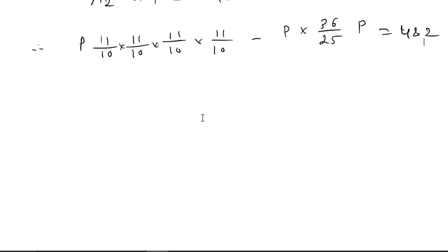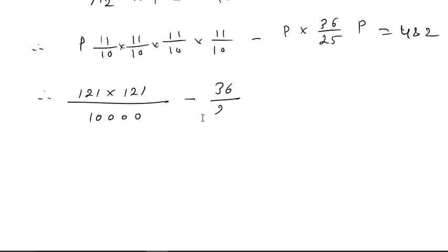So when I multiply 11, 11, 11, 11 4 times, 11 into 11 gives me 121. So this is 121 into 121 divided by 1 0 0 0 0, that is 4 zeros, minus this 36 upon 25. Now this 25 I want to make as 10,000.